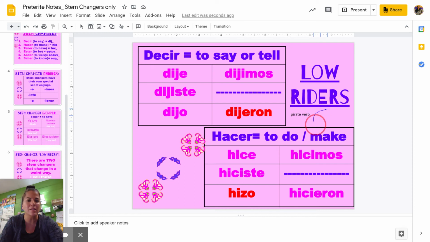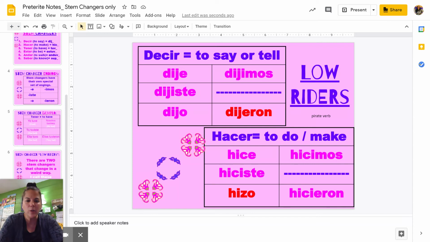Google Slides is not very friendly to me. Okay, that's supposed to be a pirate with an eye patch. That did not come out. Good, it didn't keep. Okay, anyway, draw a little pirate right there. This is a pirate verb because it loses an I. Arg. I guess I could insert clip art, but you get the idea.